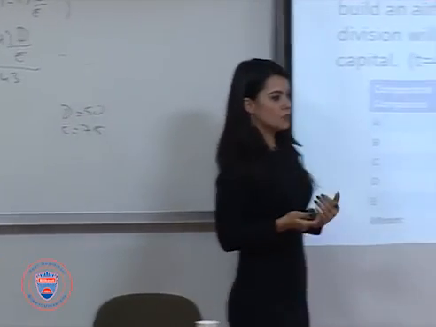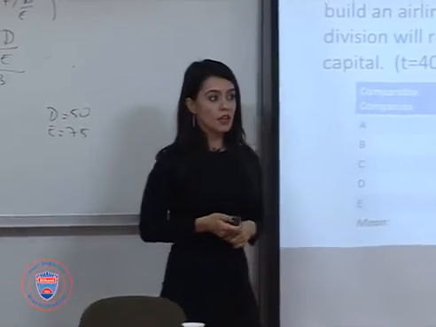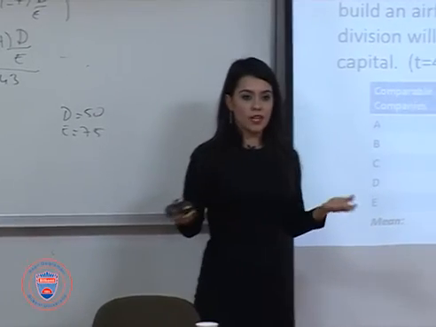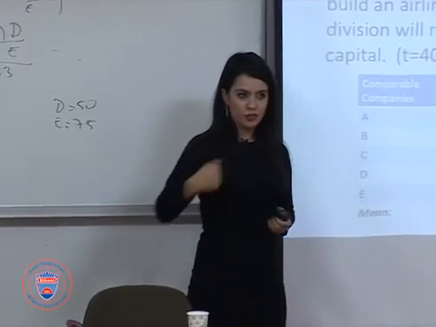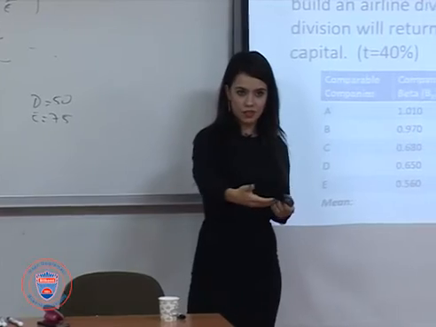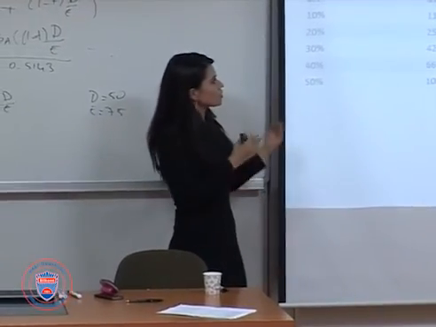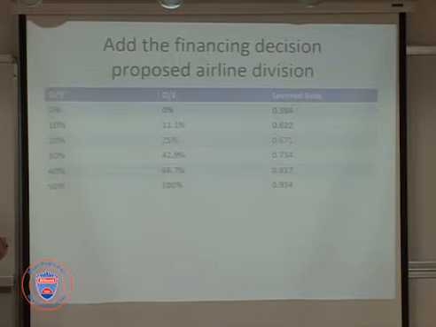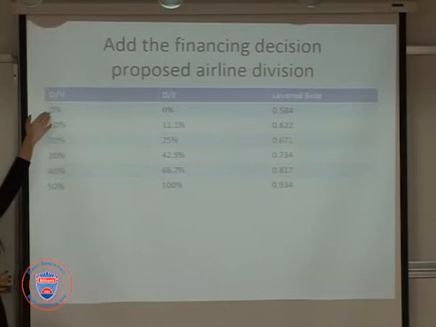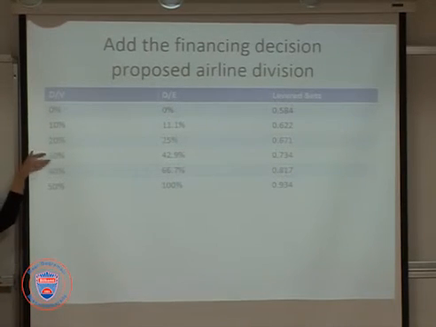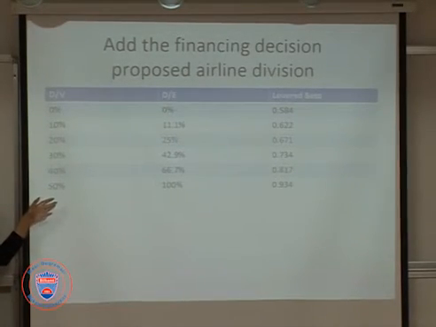In the second part, I don't know about my capital structure decision, but I need to introduce the financing decision into the picture because I don't know where the money will come from. So I use different debt-to-equity ratios for that. I started with no debt, 10% debt, 20, 30, 40, or 50% debt.